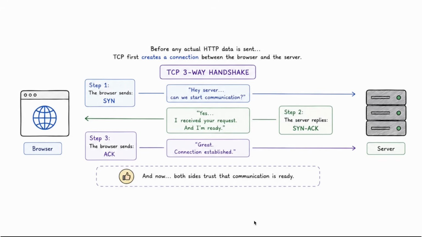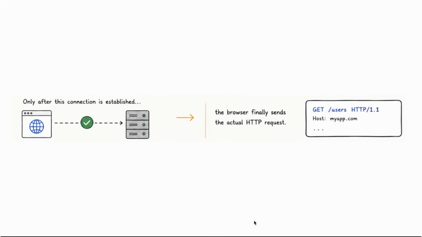So in simple terms, the server says, yes, I received your request and I am ready. Then the browser sends ACK, meaning great, communication established. And now both sides trust that communication is ready. And only after this connection is established does the browser finally send the actual HTTP request.